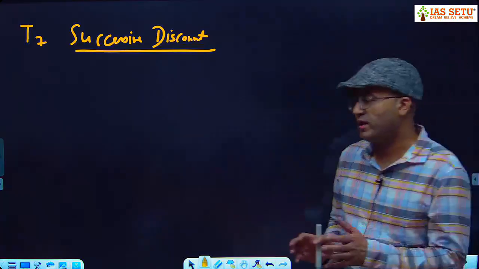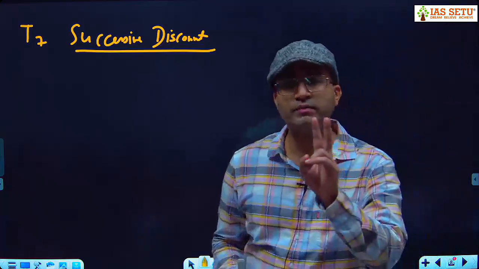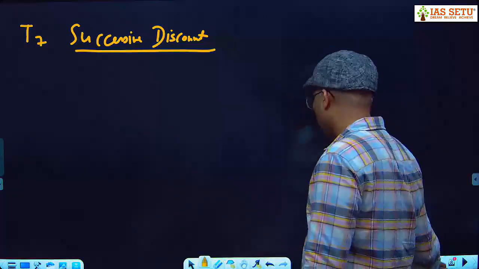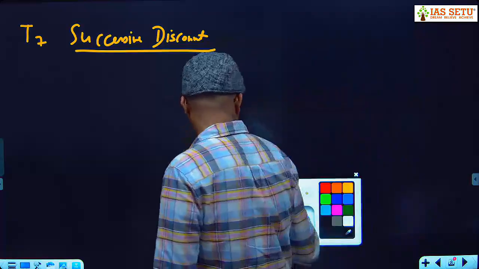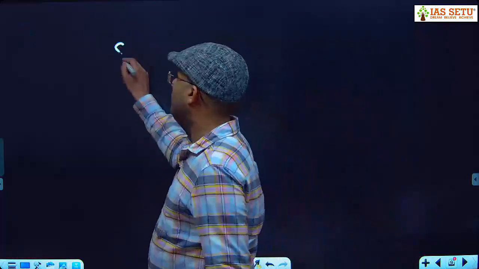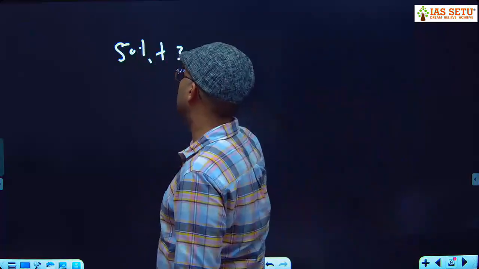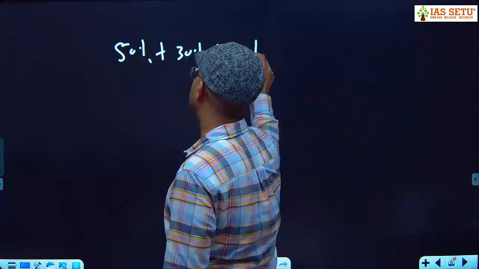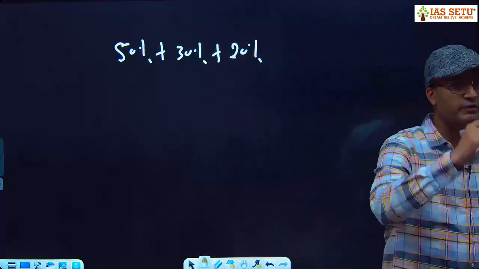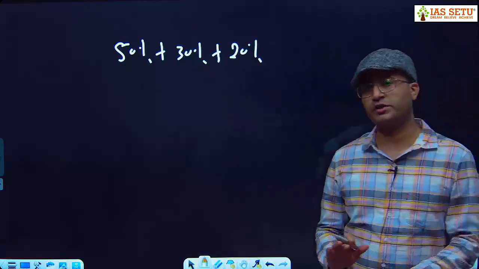If you go to a market, you come across two types of discount. I tell you one type of discount: you find some of the stores display discount as 50% plus 30% plus 20%. It will be written like this, discount 50% plus 30% plus 20%.